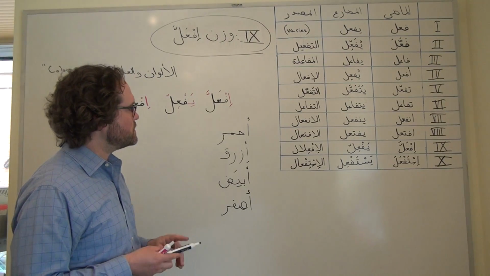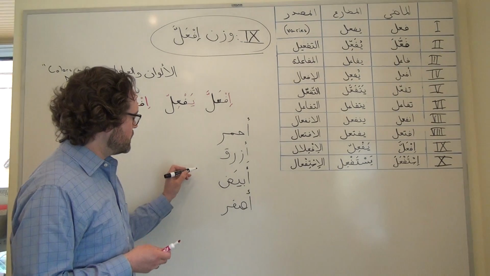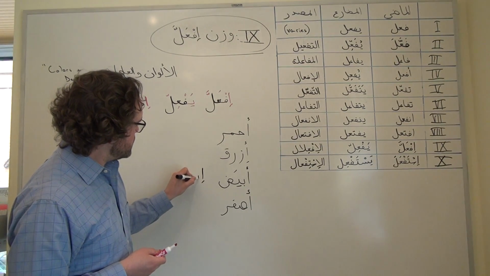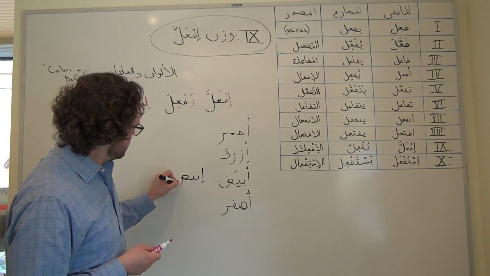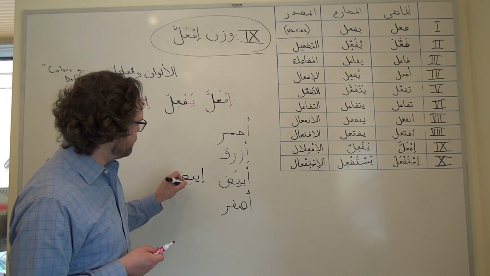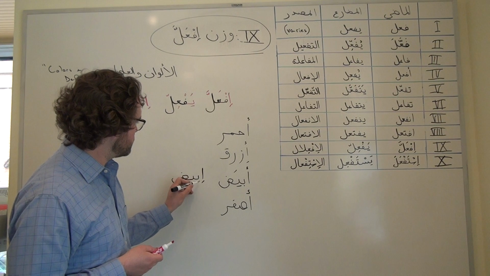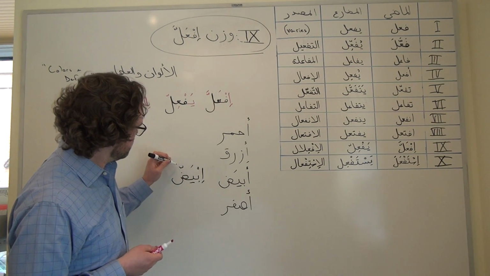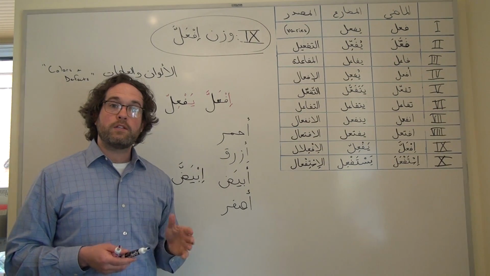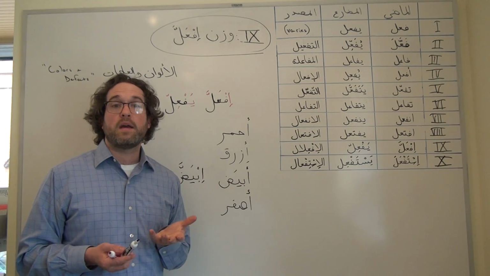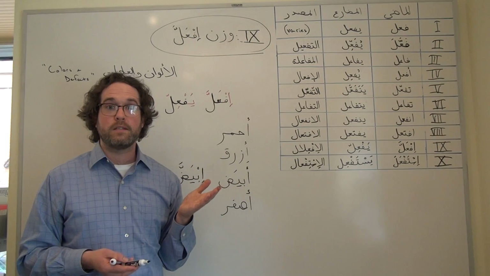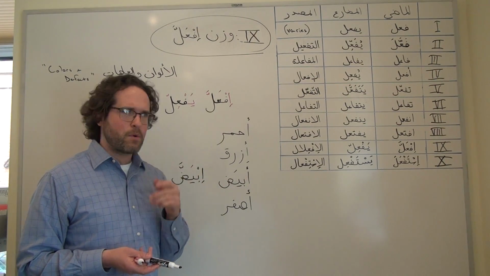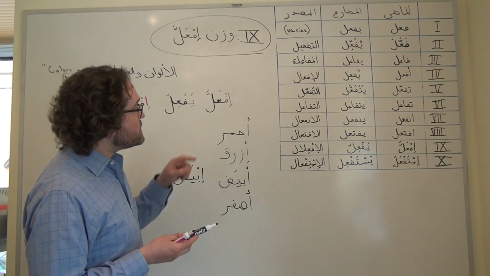So in the past tense, conjugated for singular masculine, we would say ibyadda. Or if we wanted to talk about something becoming red, if my face turned red, say, from anger or embarrassment, or if I got a sunburn, I could say my face got red.